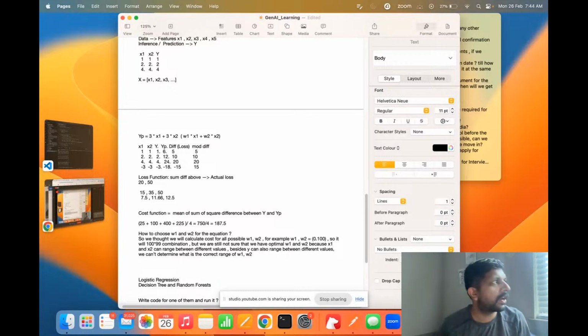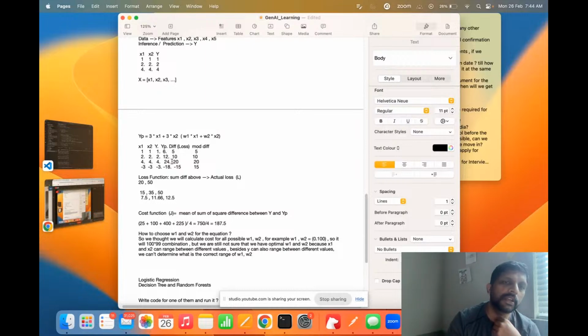So what we looked at online is a three-dimensional graph which has plotted W1, W2 and the corresponding cost function J. The cost function here, we'll call it J, so that instead of saying cost function every time, we'll just refer to J, and the loss function can be referred to as L. Loss is also called the error between Y and YP.